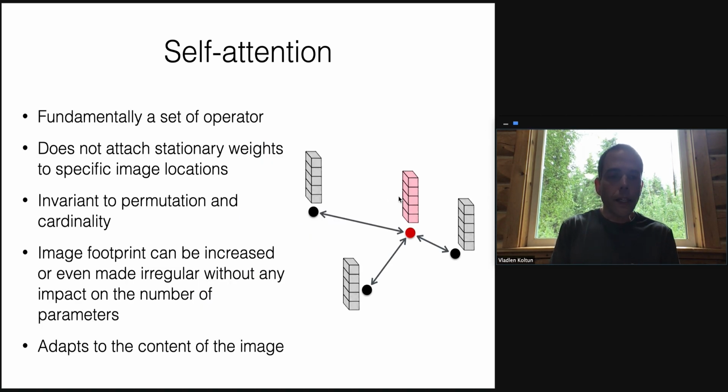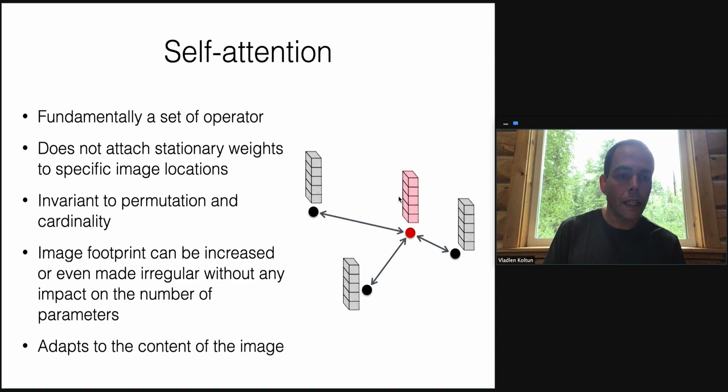Now, let's look at some properties of this self-attention operation. First of all, let's realize that the self-attention operation is fundamentally a set operator. It proceeds based on distances in feature space, and it basically disregards which location in the original image or in the original sequence or in the original data set each data point came from.